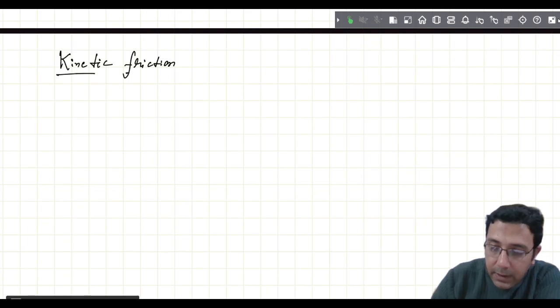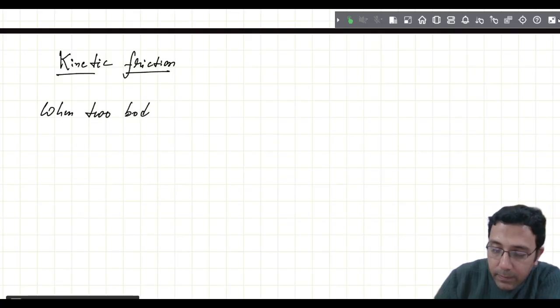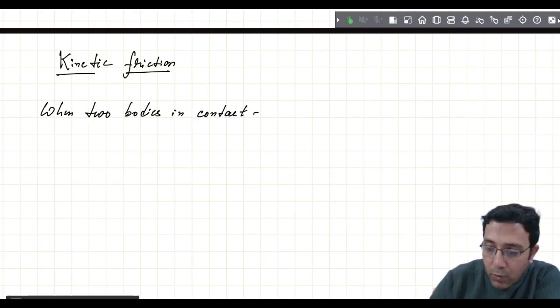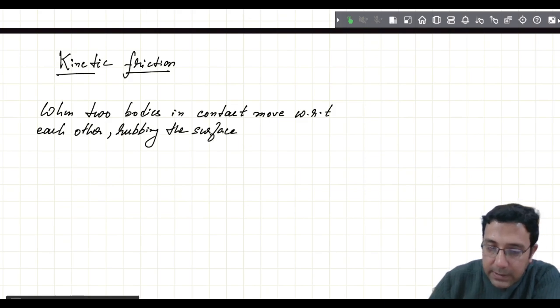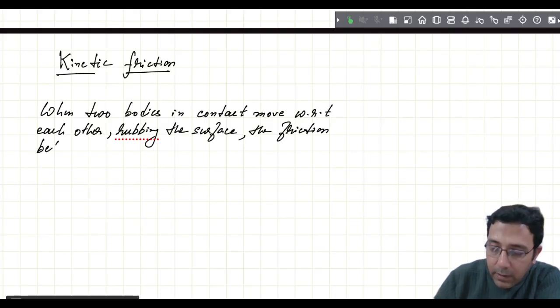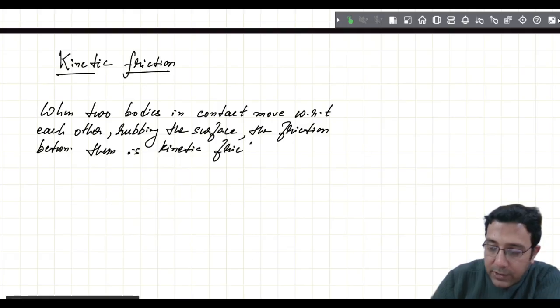Kinetic friction. I'll just write it for you. When two bodies in contact move with respect to each other, rubbing the surface, the friction between them is kinetic friction.